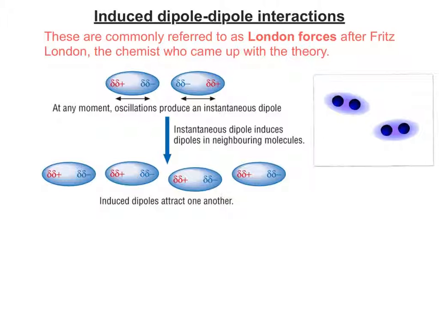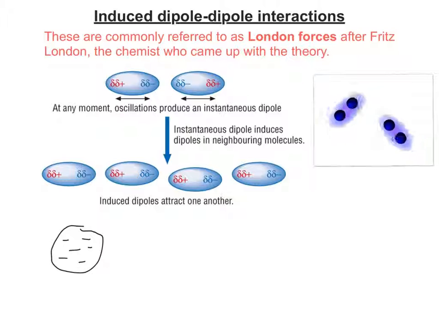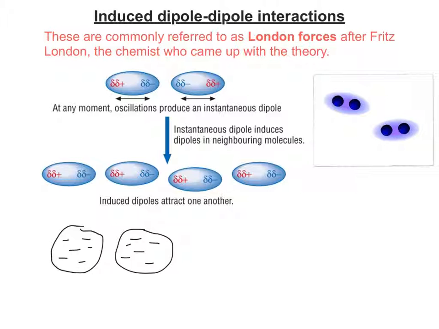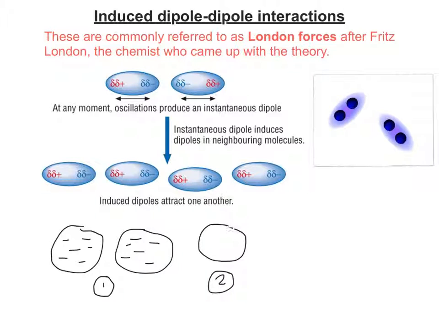So at any given time, if you get an atom, for example, that has electrons in it, evenly distributed, and another atom nearby that also has electrons evenly distributed in it, that's step 1. In step 2, what might happen is just by chance, in our first atom on the left, the electrons might suddenly drift to the right hand side.